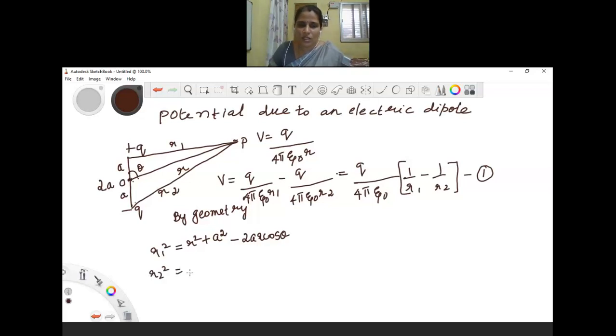R2 square is equal to R square plus A square plus 2AR cos theta. Here the value of R is very much greater than that of A.